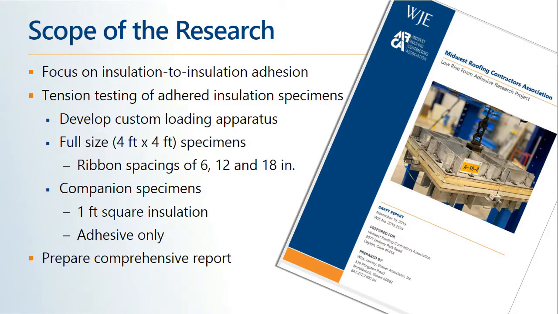And then to go along with the full size samples, we used some companion specimens, and those consisted of some smaller 1 foot by 1 foot insulation samples. And then we also tested adhesive only without having any influence from the insulation board's facers. It was strictly adhesive to adhesive. Then finally, at the end of the testing, we would prepare a comprehensive report that would deliver our findings.